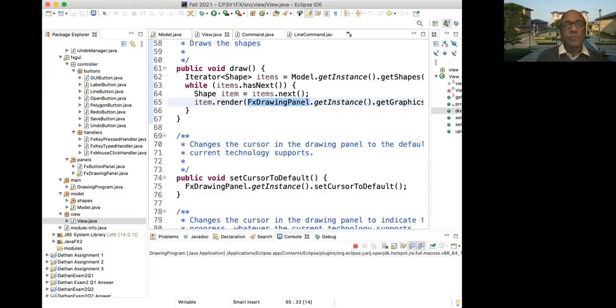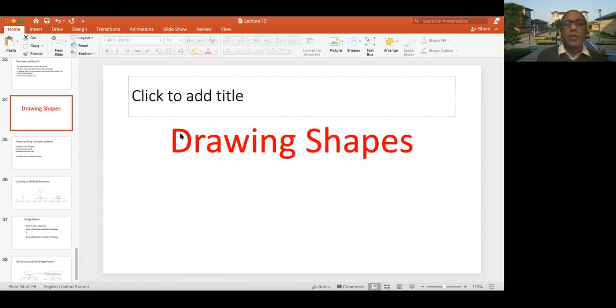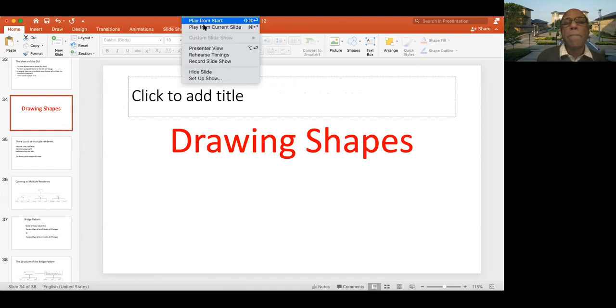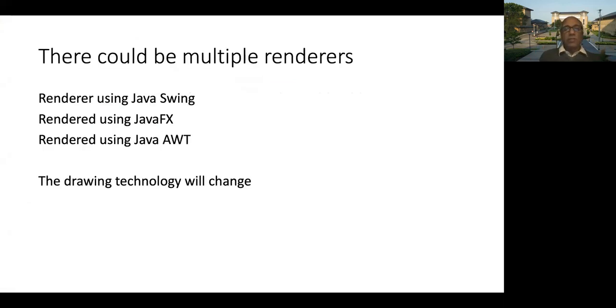So to get rid of the dependence on technology in the view, this is what we will do. Okay. So here, how do you draw the shapes without depending upon the technology?